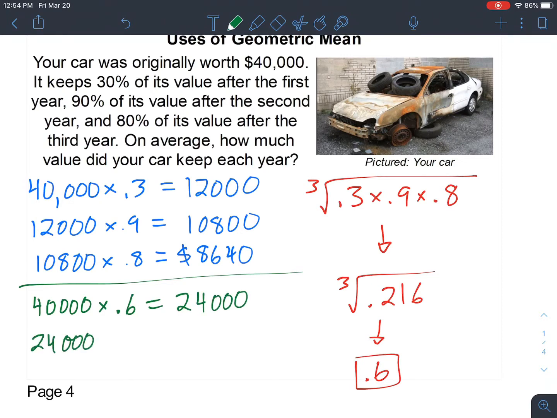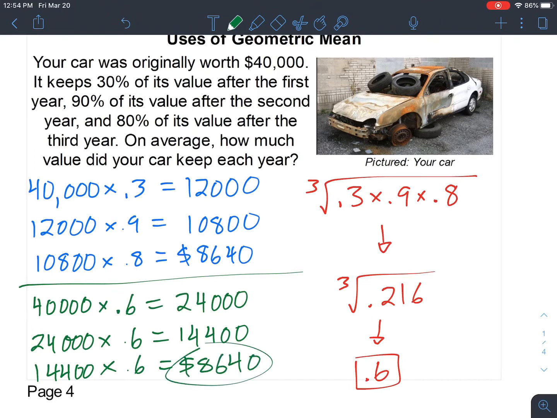Now we're going to do 24,000 times 0.6. 14,400. And lastly, if we do 14,400 times 0.6, we do indeed get $8,640.